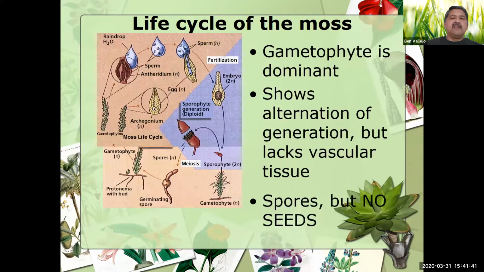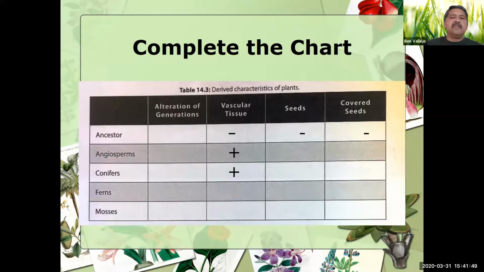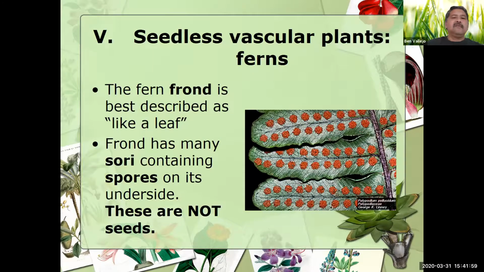Here's the life cycle of the moss. Now, the important thing from here is that the moss has no seeds, only spores. So as we take a look at our chart again, we can fill that in. Mosses have no seeds. Ferns also do not have seeds.